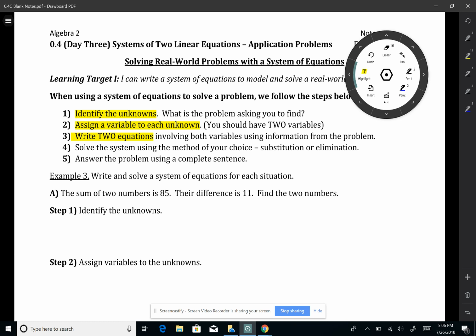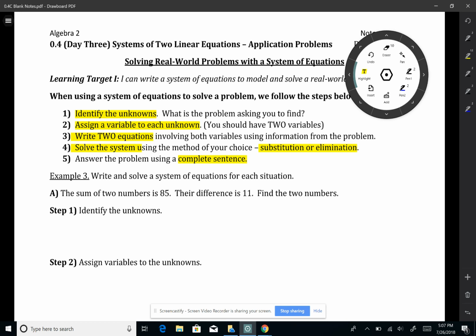After you've written the 2 equations, you solve the system using the method of your choice, and we can use substitution or elimination. Once we've solved, we answer the problem using a complete sentence. So that shows that we know what we solved for. Okay, let's go ahead and start with our examples.